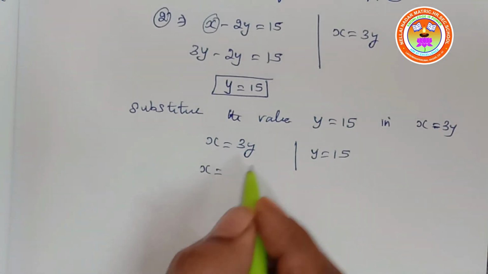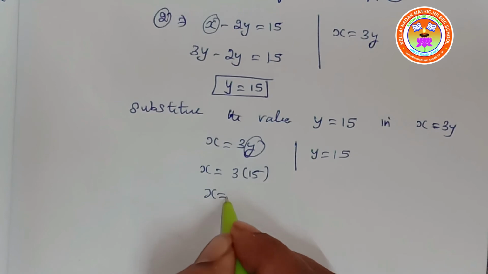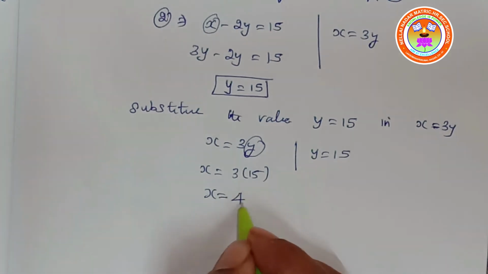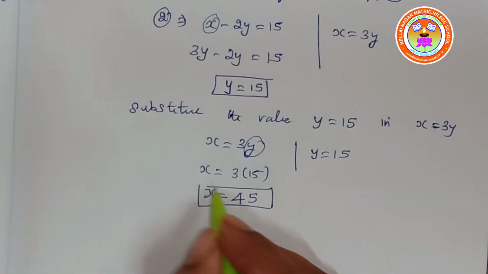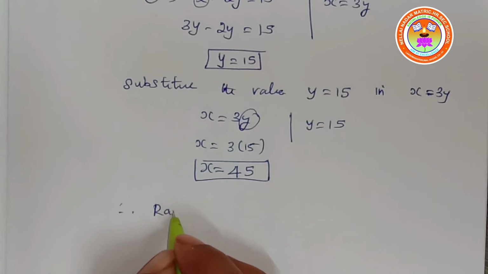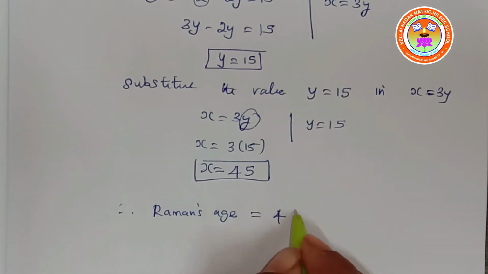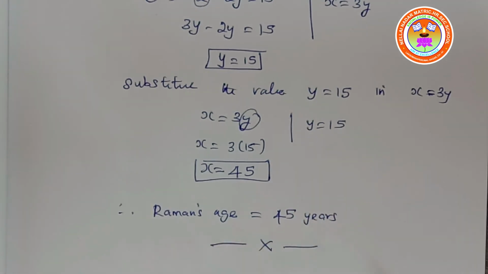So x is equal to, in the place of y, substitute 15. x is equal to 3 into 15, that is equal to 45. Therefore, the question is to find Raman's age. So Raman's age is equal to 45 years. It's clear, children? This is the solution for question number 2.